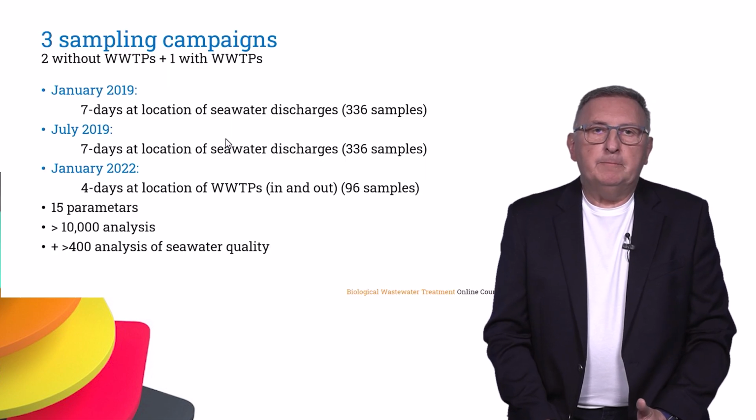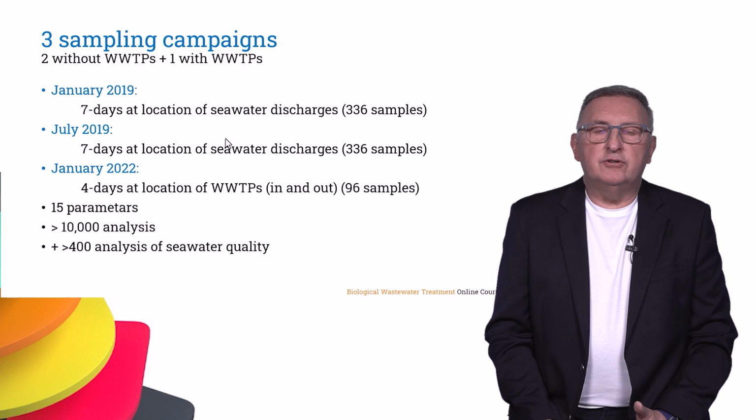So we decided to introduce 3 sampling campaigns. 2 of these campaigns were before the wastewater treatment plants, and 1 was after the wastewater treatment plants were built. The first one was done in January 2019.